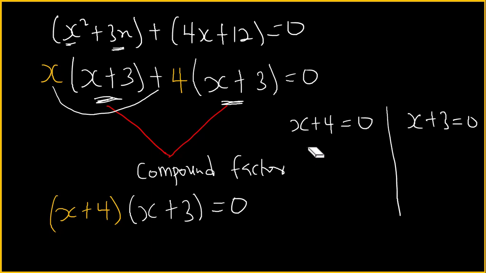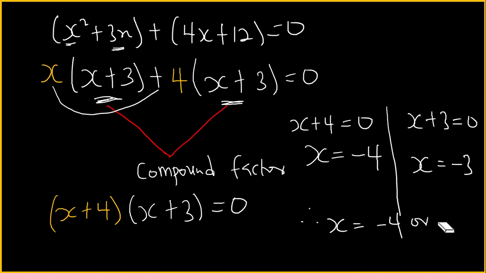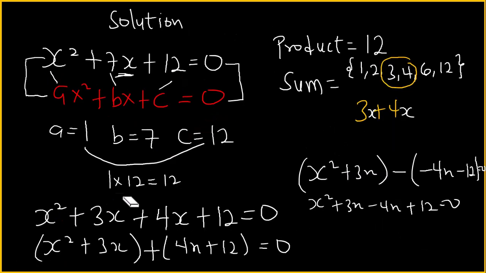So x is equal to, 4 is taken to this side, we have negative 4, and the other value of x, 3 is taken to this side and we have negative 3. So in conclusion, x is equal to the smaller number first, negative 4, or negative 3, and these are the roots to our quadratic equation x squared plus 7x plus 12 equals 0.